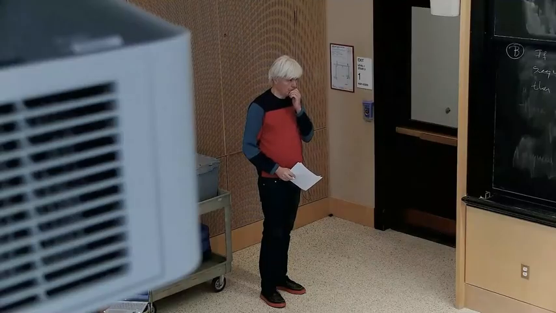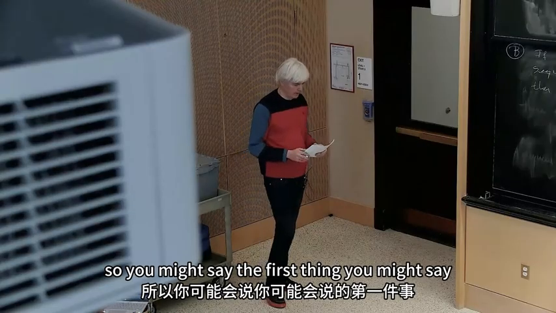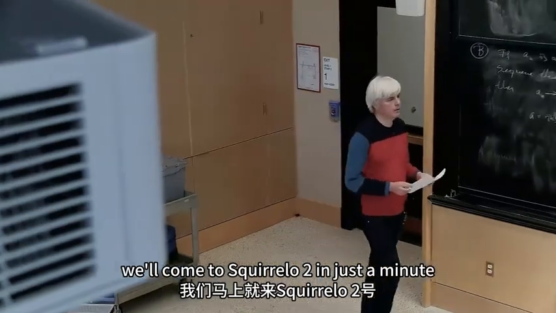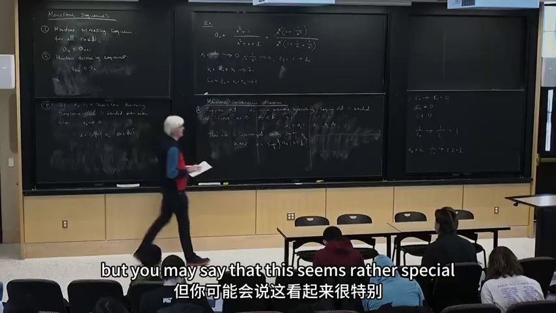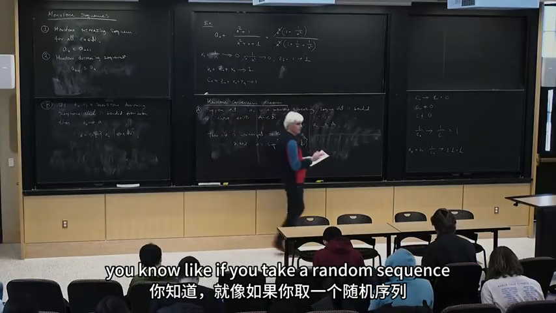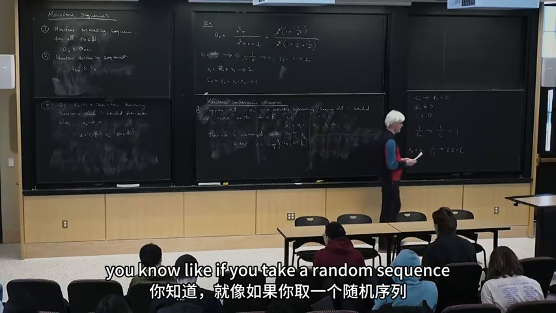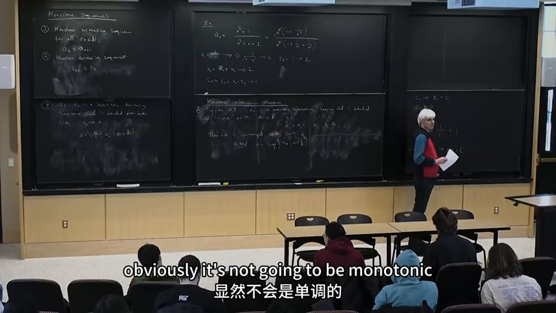Now, the first thing you might say, we'll come to square root of 2 in just a minute, is that this seems rather special. If you take a random sequence, obviously it's not going to be monotone.